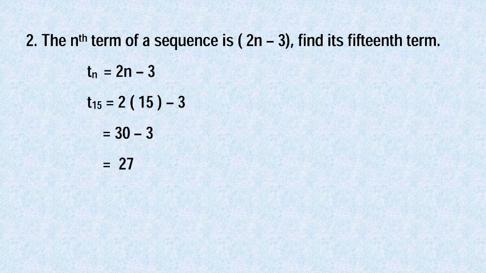To find the 15th term, in the place of n, substitute the value 15, and you will get T15 as 27. That means the 15th term of this sequence is 27.